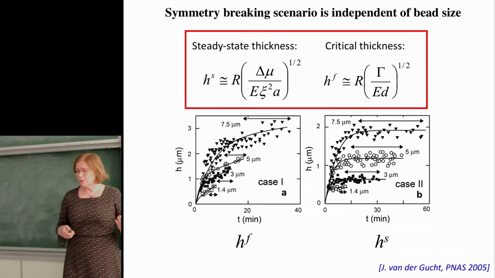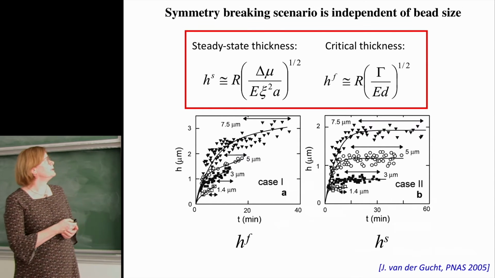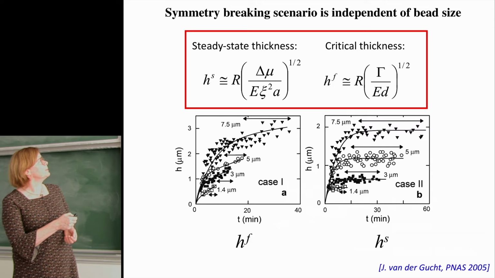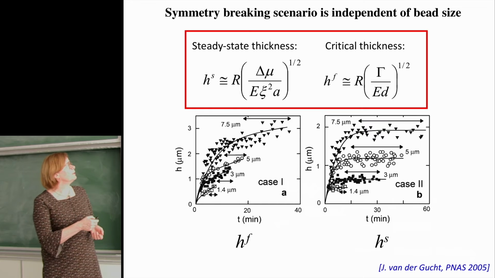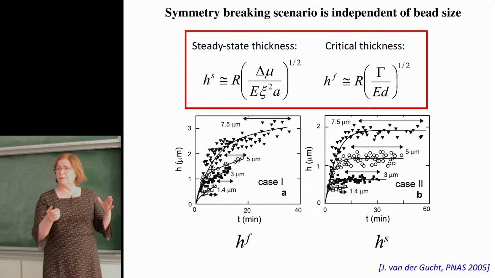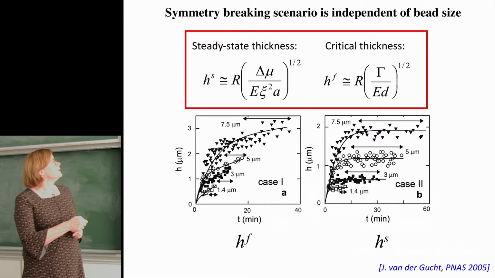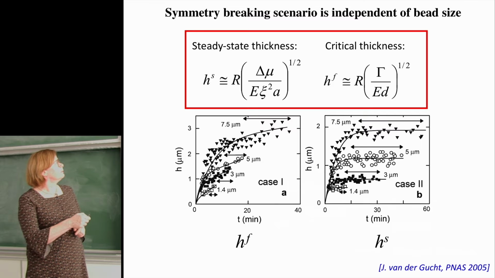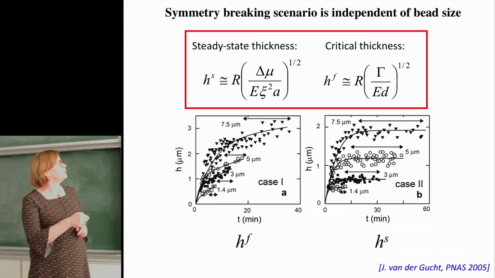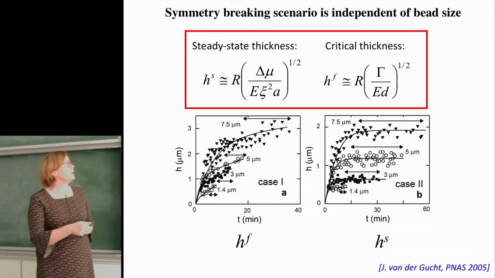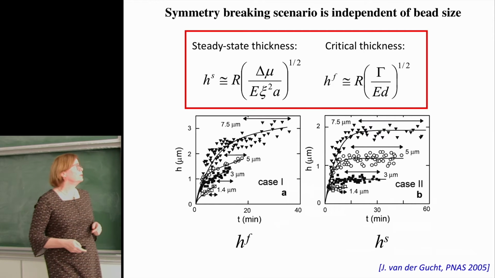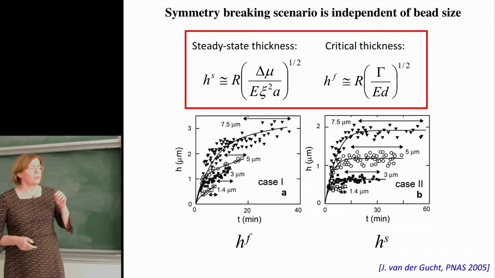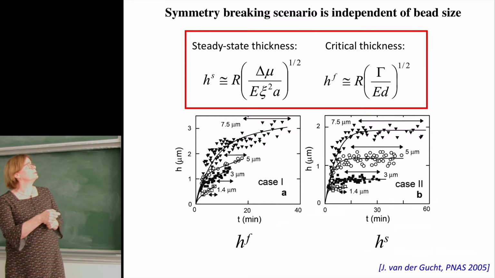I won't go into the details, but because these two thicknesses depend linearly on R, we don't have a dependence of these cases on R. You see that here, when we vary the radius of the bead, we are always in the case without a plateau, whereas here, we are always in the case with a plateau. So it's only the protein conditions that will allow us to vary these parameters.